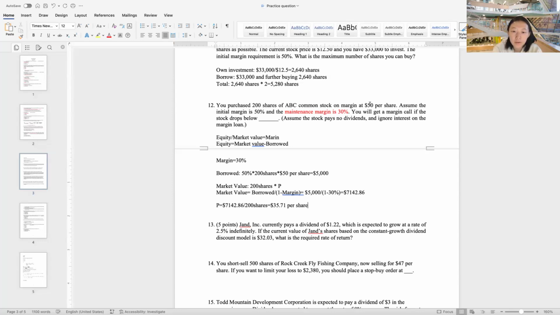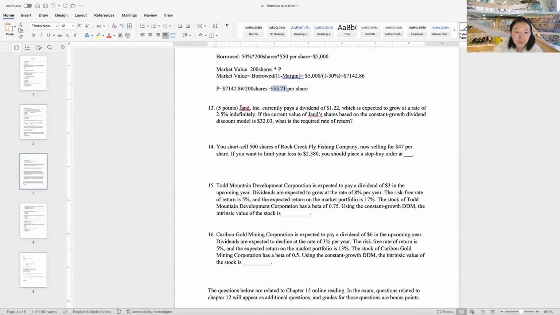So in this case, the investor bought at $50 per share. If the price further dropped to 35.71, then the investor will receive a margin call.